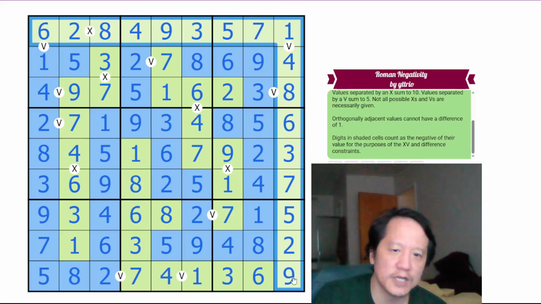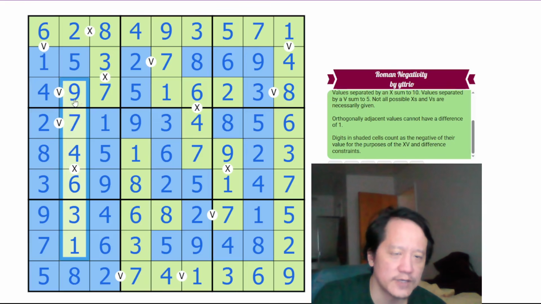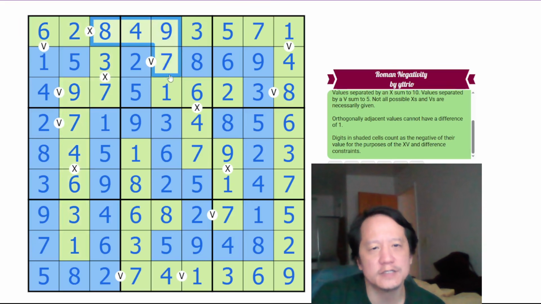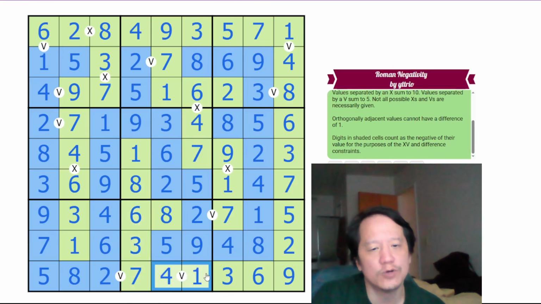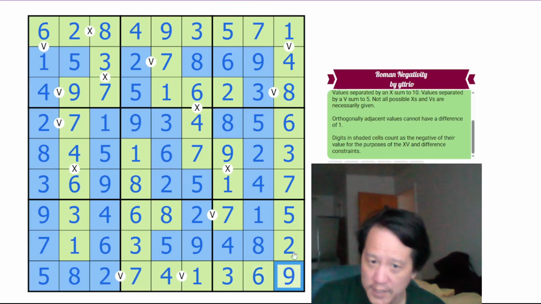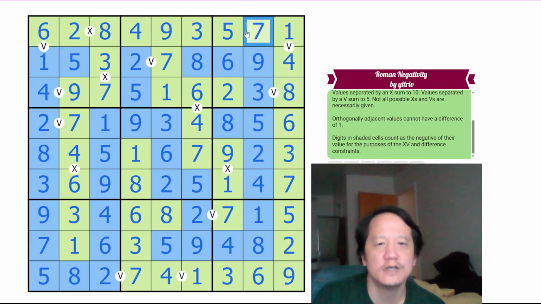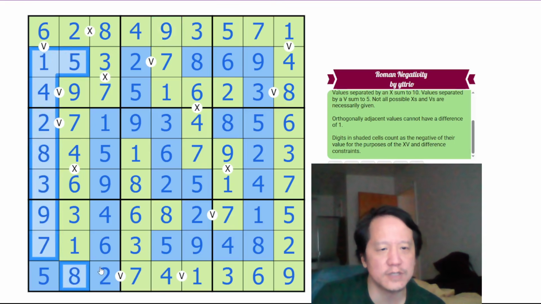And the green digits cannot have consecutive digits next to them. I'll check the rows and columns, reading the green digits one after another, and then check the negative digits, same thing.